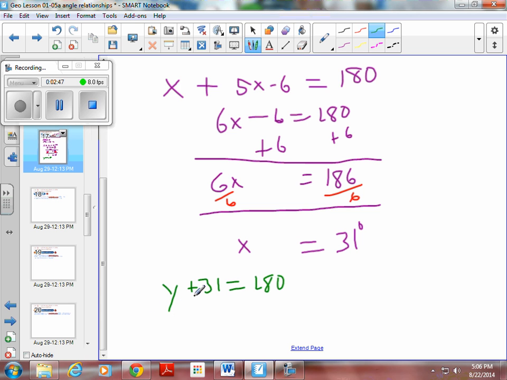The other angle plus 31 is equal to 180. Subtract the 31 from both sides, and you get the other angle is 180 minus 31, so that's going to be a 17, borrow the ones, that's a 9, 7 minus 3 is 4, and you get 149 degrees. So 31 degrees and 149 degrees should be the measure of both angles.